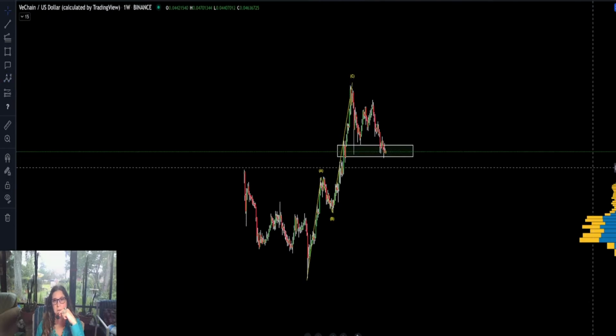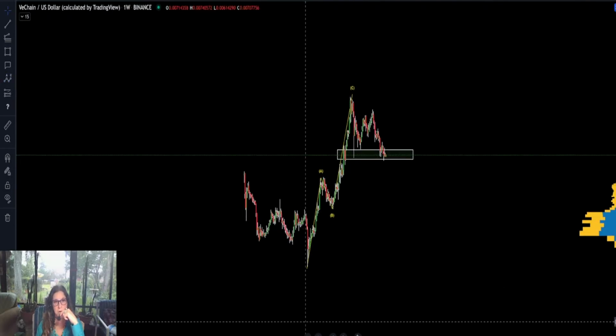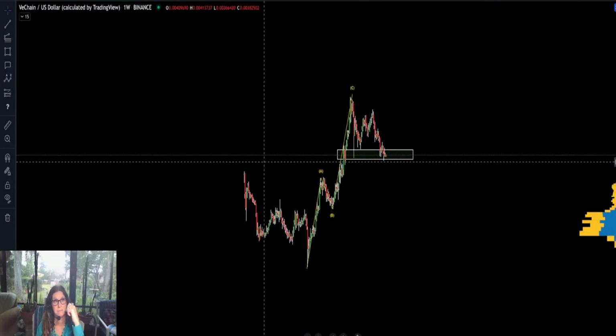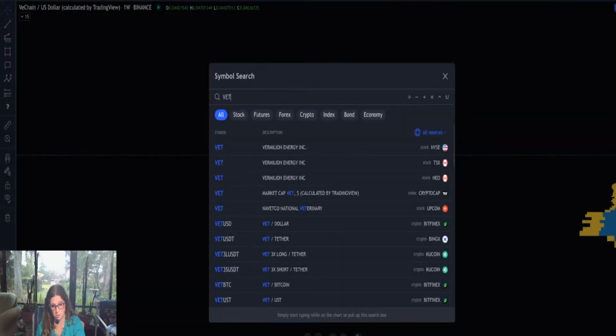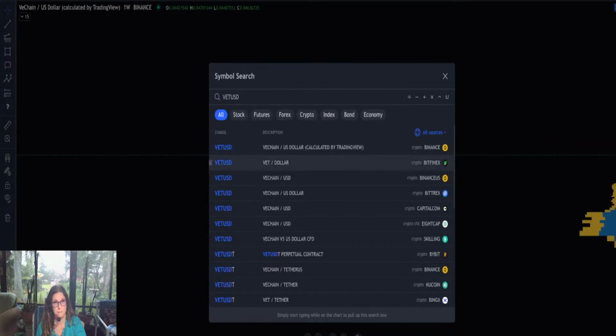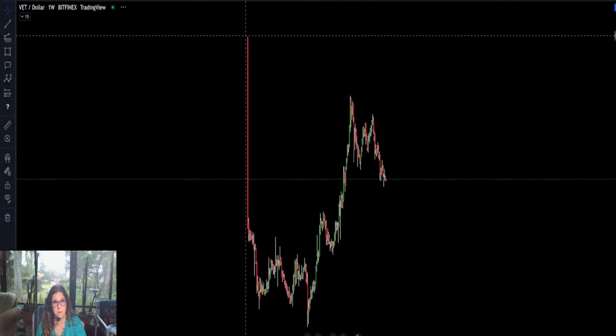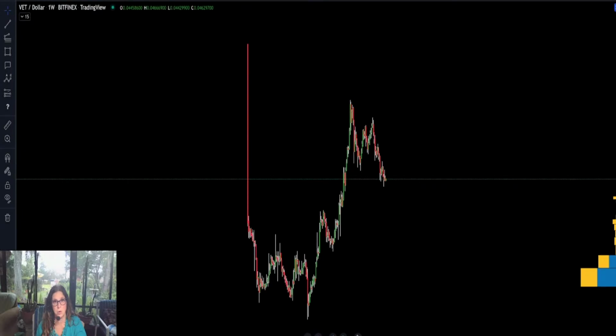Now, it seems like a fairly new coin, unless I'm missing some data, which could be possible. Let me check that real quick. Okay, no.